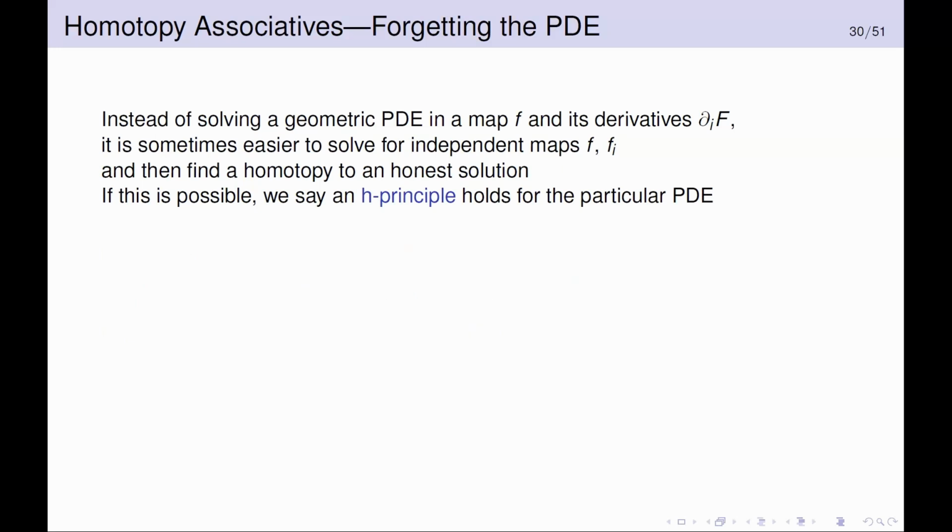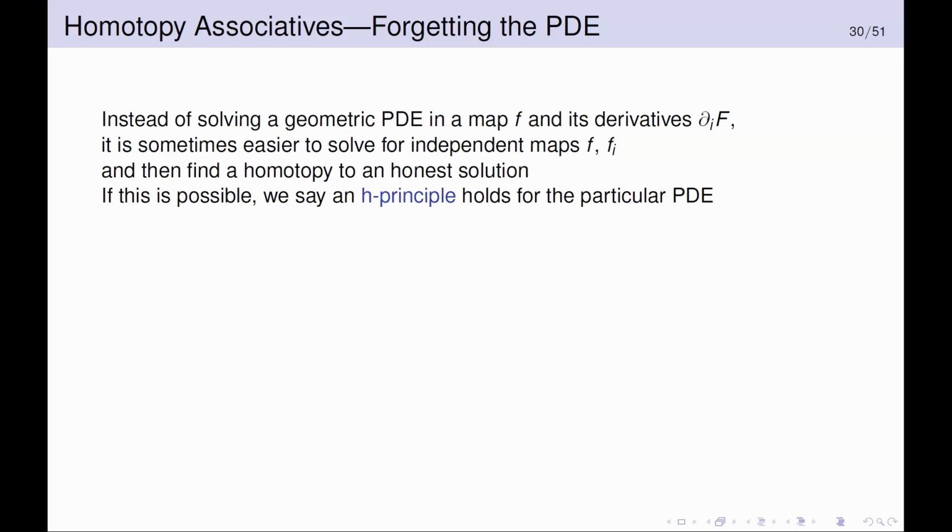Actually, a good example is sphere inversion. Immersing a submanifold into another manifold is a partial differential equation, or relation, I should say, that satisfies an H principle, and that has been used to take a two-sphere in S^3 and deform it through immersions to the same two-sphere but turned inside out. Yeah, and there are even videos from like 20 or 25 years ago that show you how that's done.